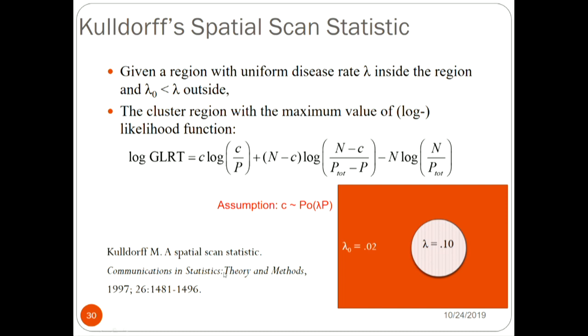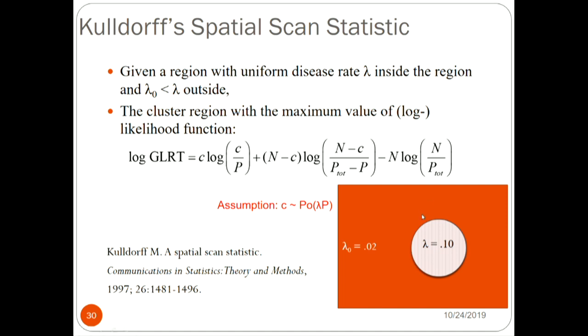Now in Kulldorff's paper, he has shown that this is the most powerful test to find a local clustering. He has proved that the generalized likelihood ratio test is the most powerful test for testing clustering regions.